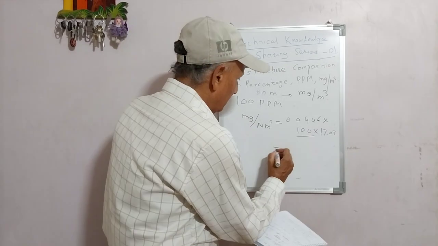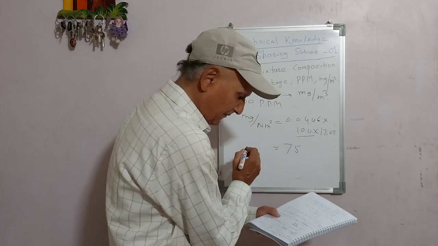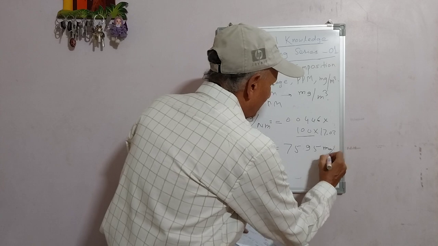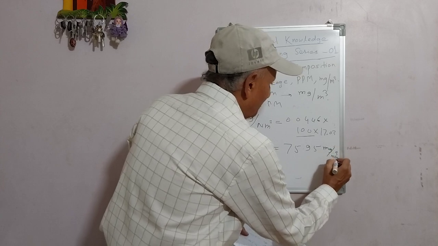So the result is coming 75.95 milligram per normal meter cube.